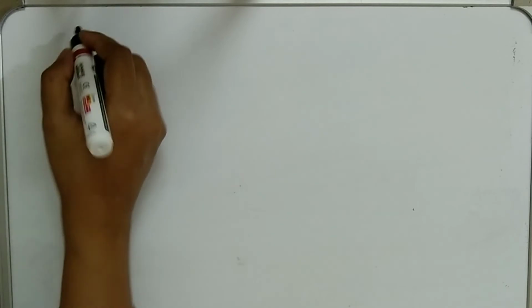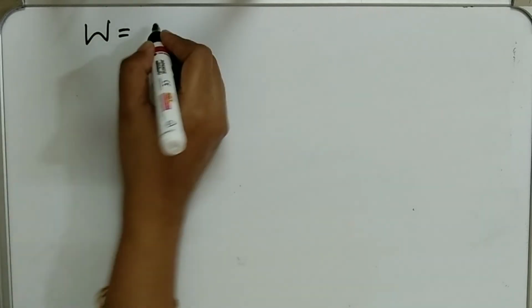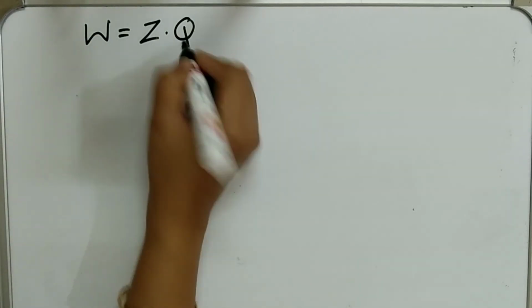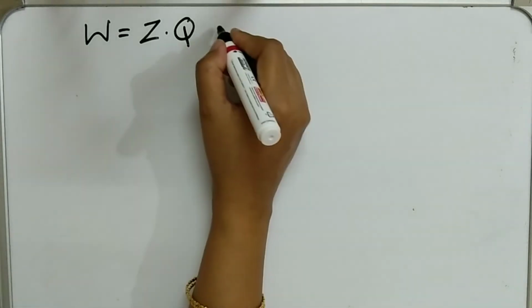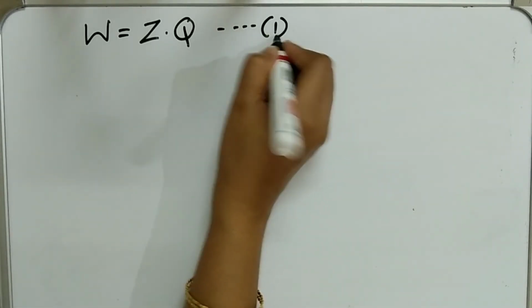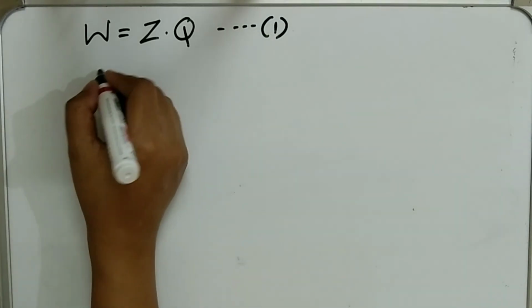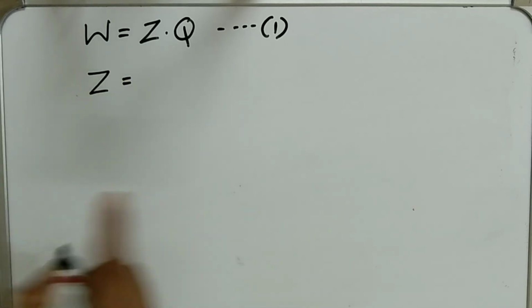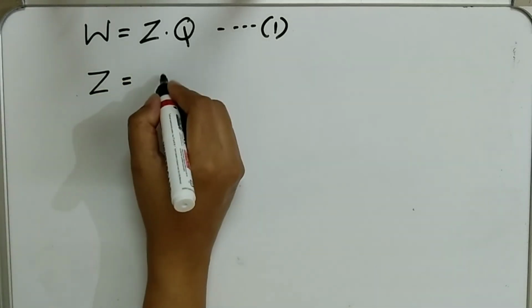So again we'll move back to Faraday's first law. So Faraday's first law is W is equal to Z into Q. Correct? And that was equation number 1. Z is equal to, now write that equation what we have obtained.